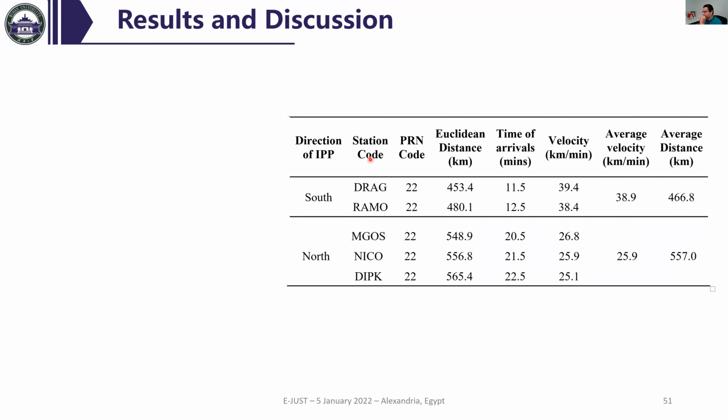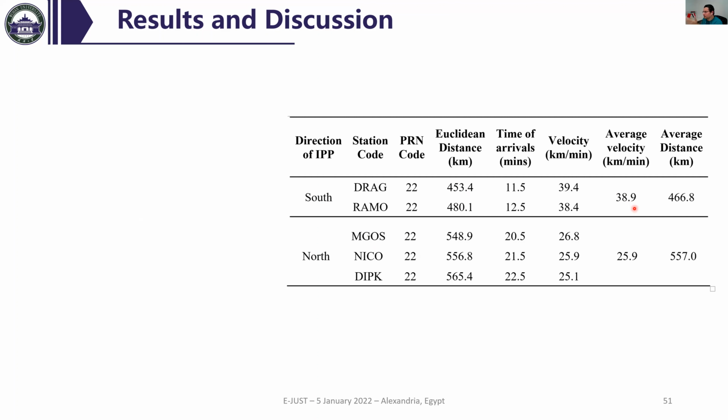Here we can see a calculation for the velocity over the south direction and the north direction over different stations with the same satellite. Here we can see the distance. We also calculated the distance, but there is different velocity.